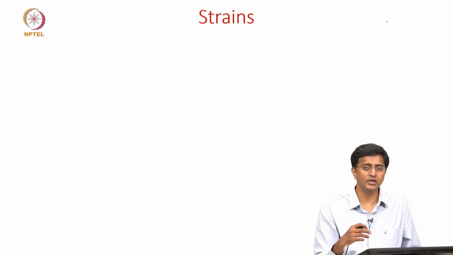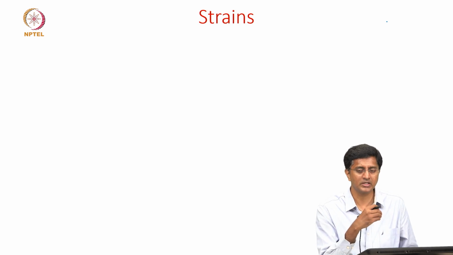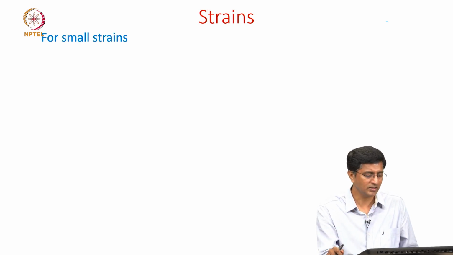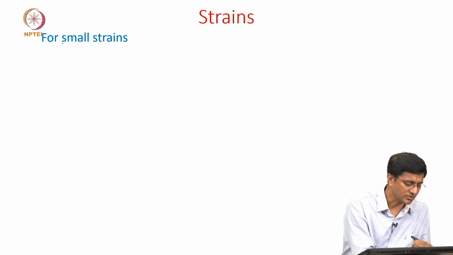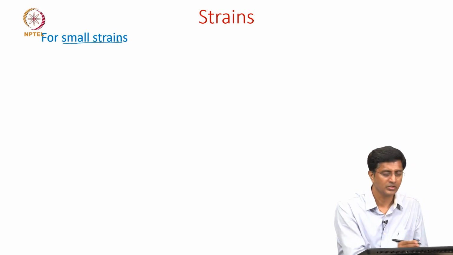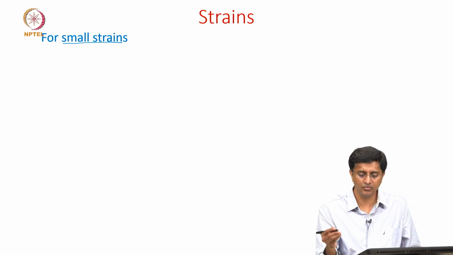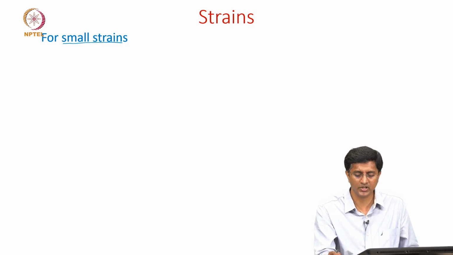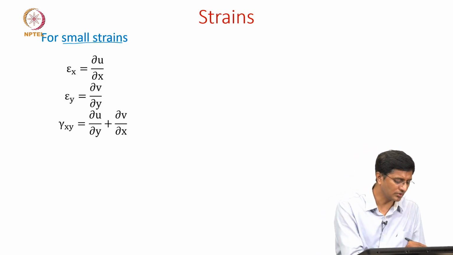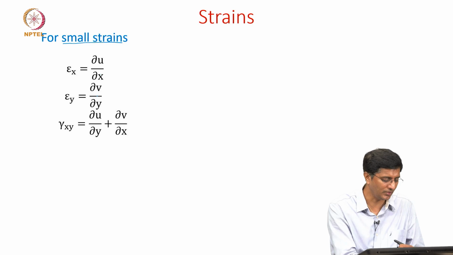Okay. Here we invoke one more assumption in the classical laminate theory, saying that we are looking at small strains. When we look at small strains, we know the strain displacement relations, which are given in terms of the deformations u and v.